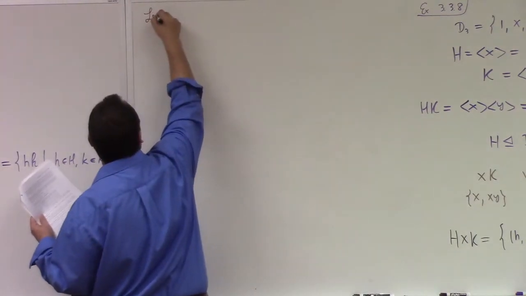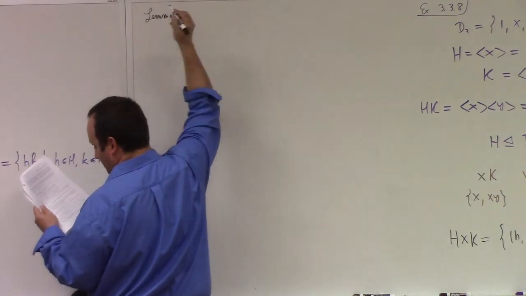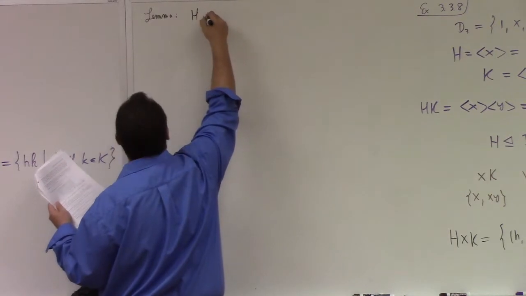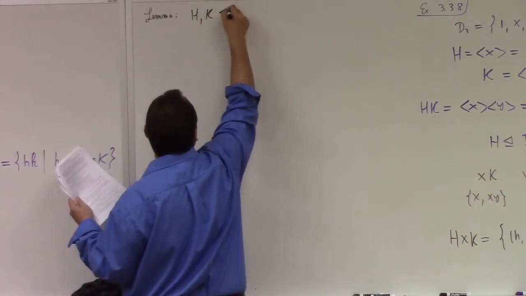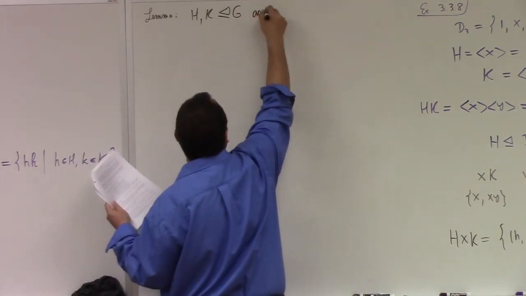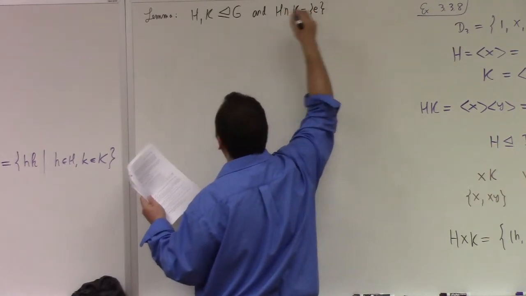let's do the groundwork here to get to the thought bubble, so to speak. So if we have H and K normal subgroups of G, and they intersect at the identity, then we get some really neat calculational tools.